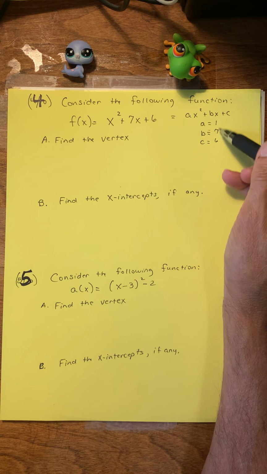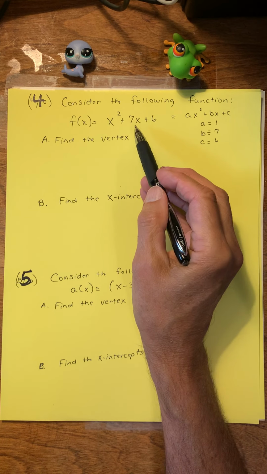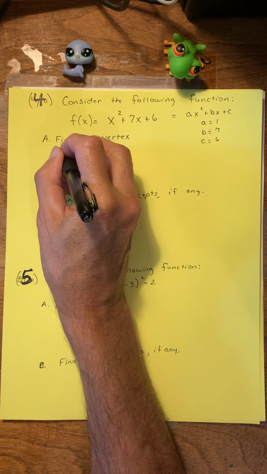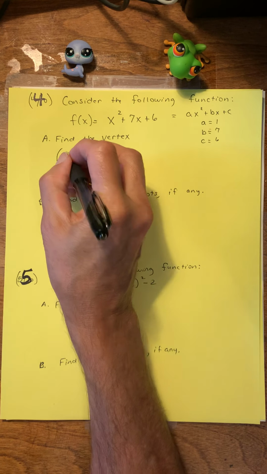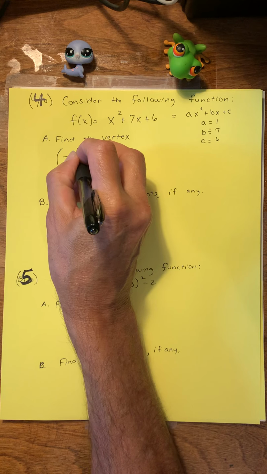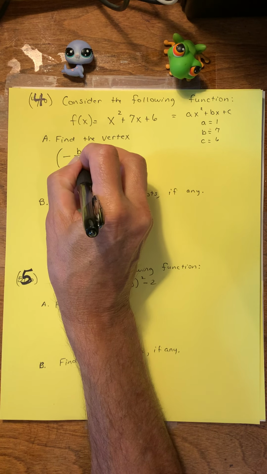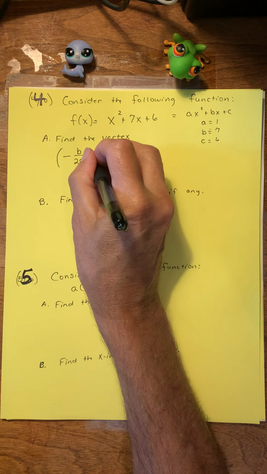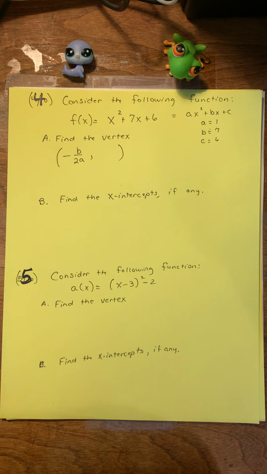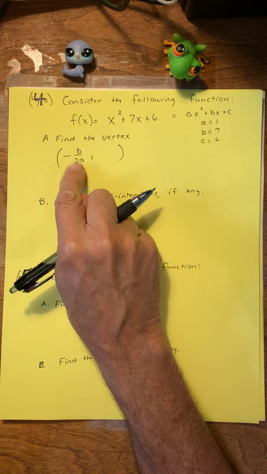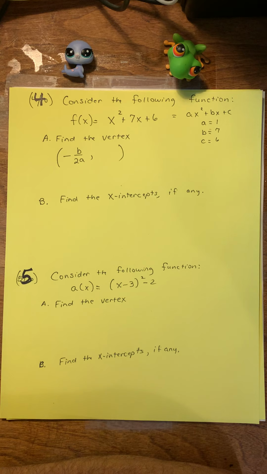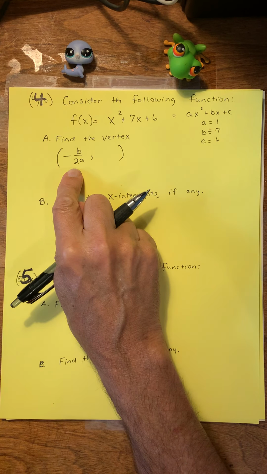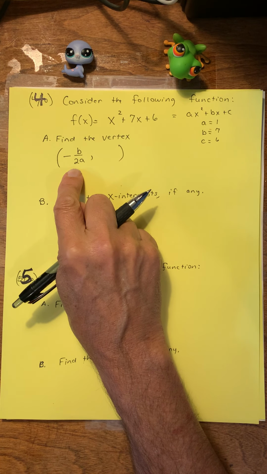All right, with that information given, I can find the vertex by using this form, minus b over 2a. That's going to be the x value of my vertex, right there, minus b over 2a.